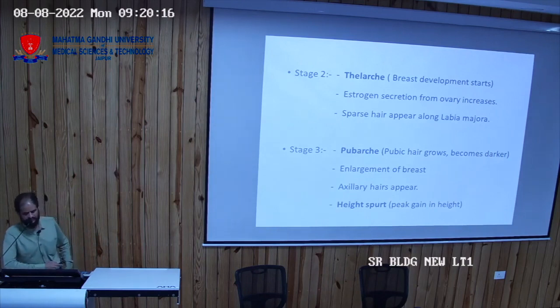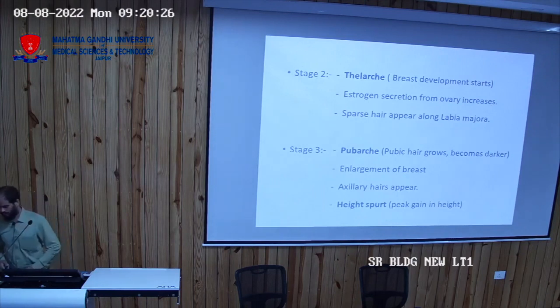Pubic hair grows and becomes darker, obviously the breast will enlarge and the axillary hairs will also start appearing. With pubarche there is also a height spurt, peak growth in height during stage 3. But in boys, it happens in stage 4. Height spurt.